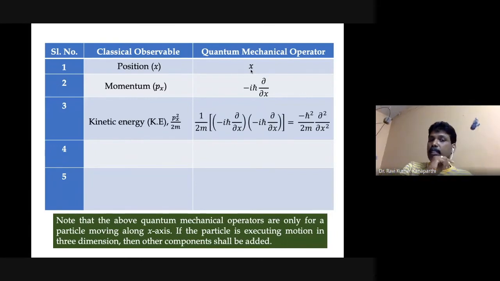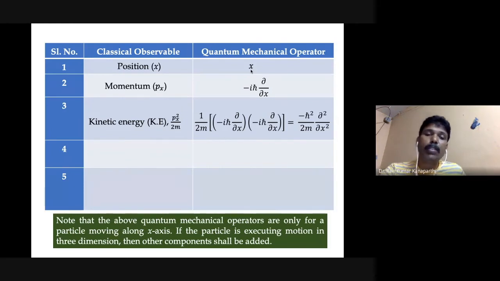Then kinetic energy. I told you already, it is represented in a slightly different form. px square by 2m is the kinetic energy expression of a particle freely moving in the x direction. Here m is the mass, which is basically a constant.